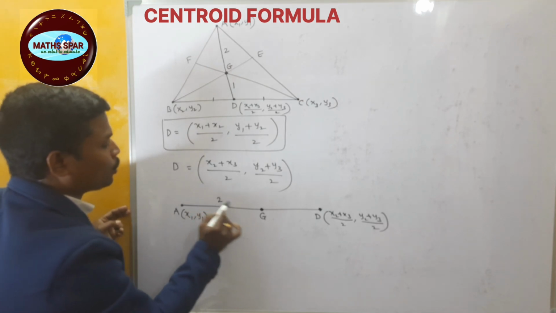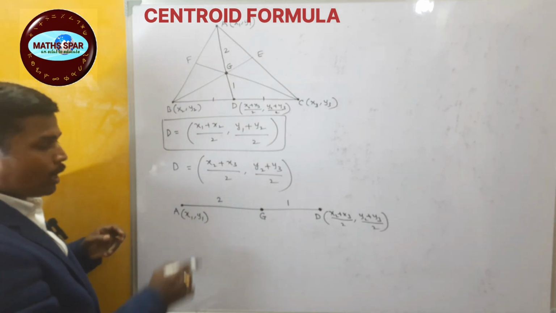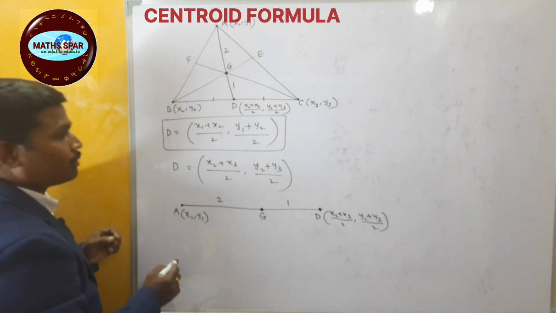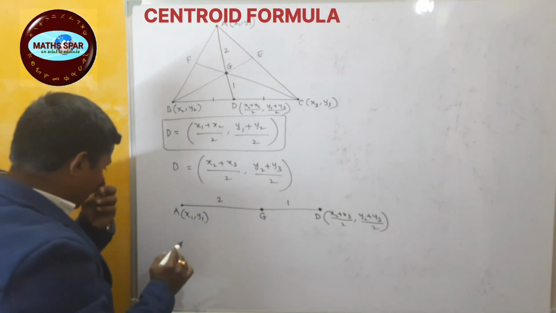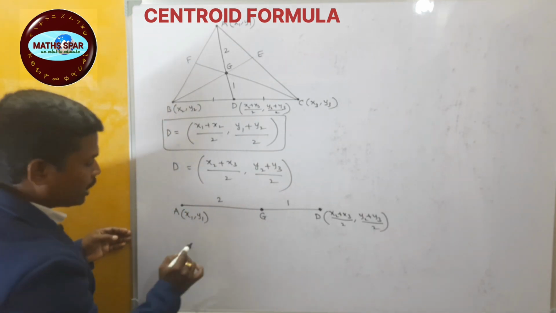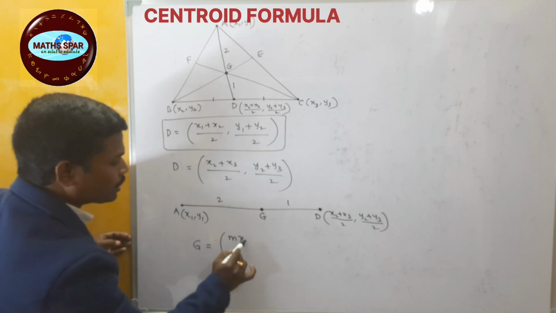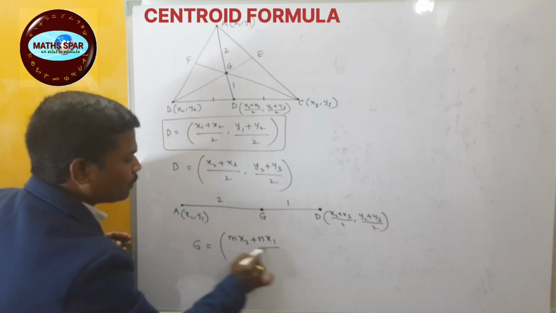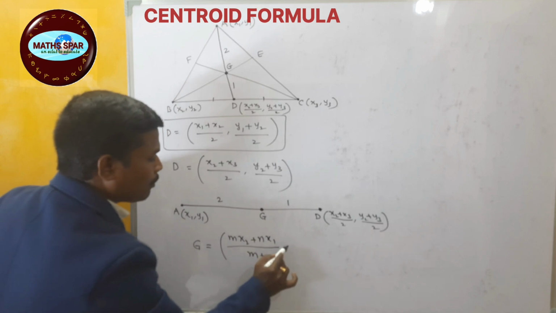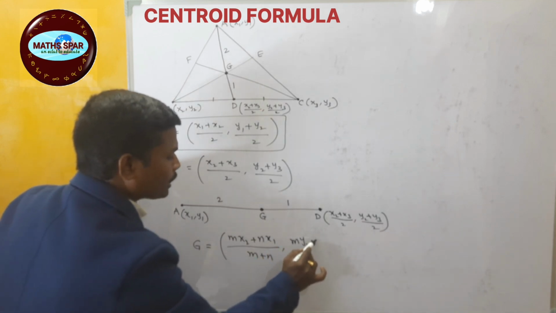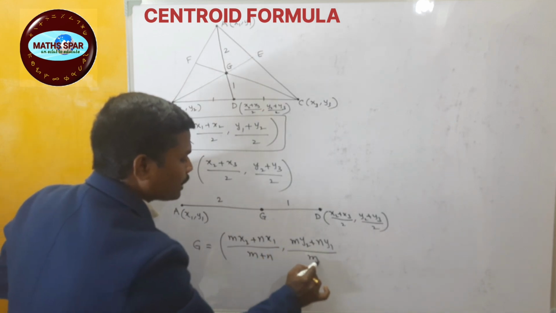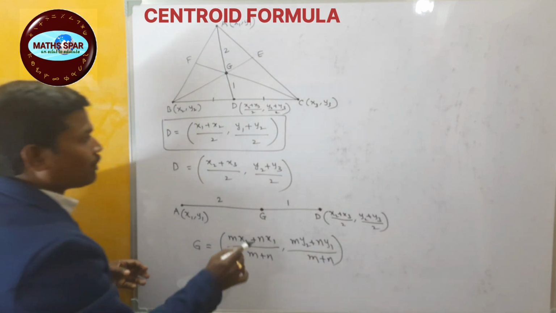In the ratio 2:1. Now by using the section formula, what is the section formula actually? According to the section formula, G is (mx2 plus nx1 by m plus n, my2 plus ny1 by m plus n). This is the section formula.